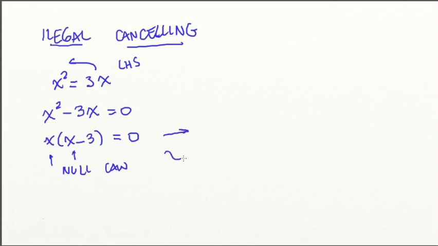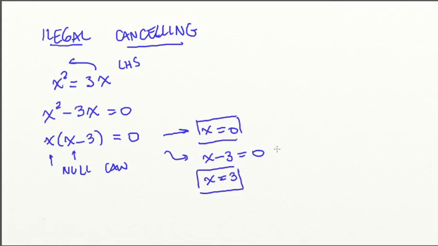So the solutions for this situation would either be x being equal to 0 or x minus 3 being equal to 0. If x minus 3 is equal to 0, then x has to be 3. So the two solutions for this problem would be x equals 0 and x equals 3.